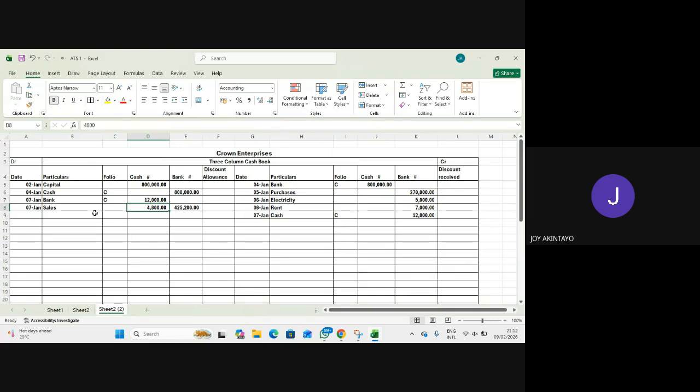Are we together? So you know that any transaction you have on the debit side, your corresponding entry is going to the credit side. Hope you understand that.